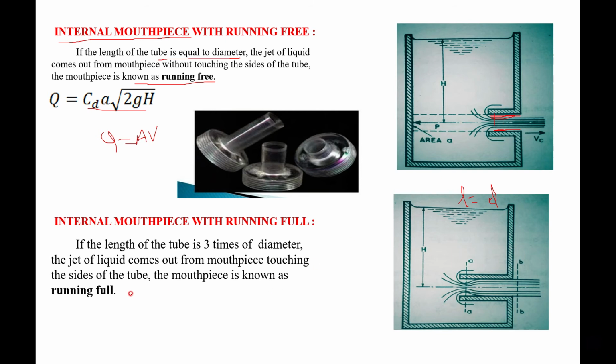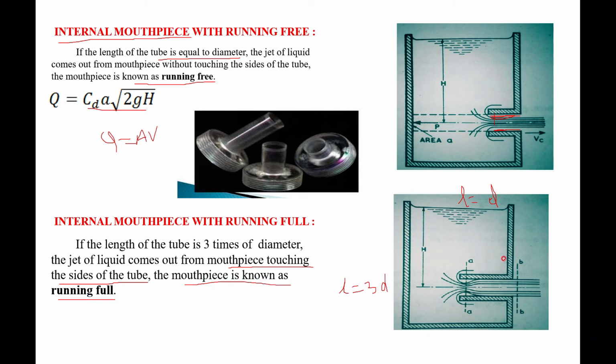Here, running full means the first condition is that the length of the tube is 3 times its diameter, and then the jet of liquid coming out from the mouthpiece is touching the sides of the tube. The earlier one was not touching the sides, but here it is touching the sides of the tube, hence it is called a mouthpiece running full.